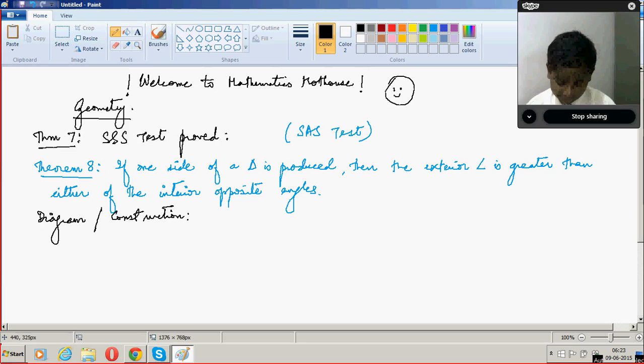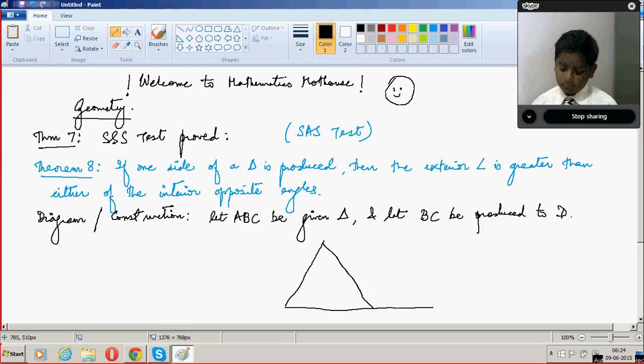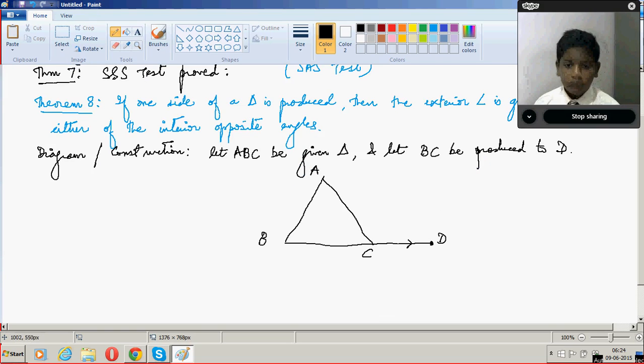Let ABC be a given triangle, and let BC be produced to D. So this is A, B, C. C produced to D. Yes, sir. The diagram must be drawn stepwise, okay? Yes, sir.